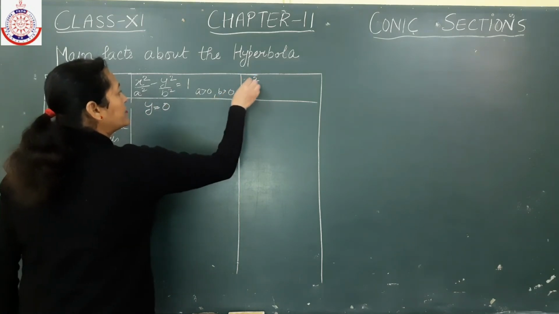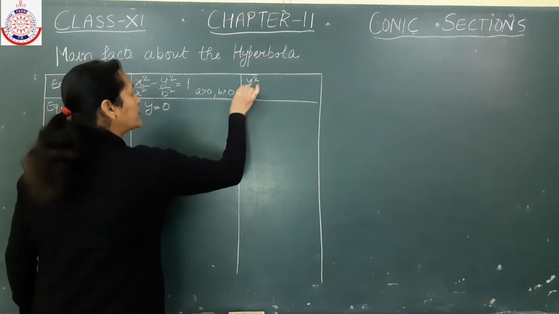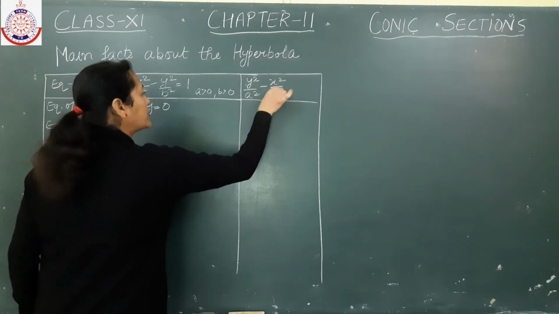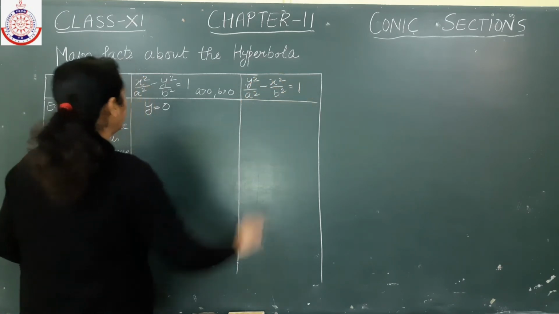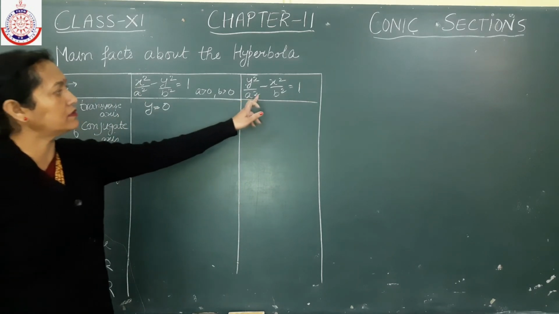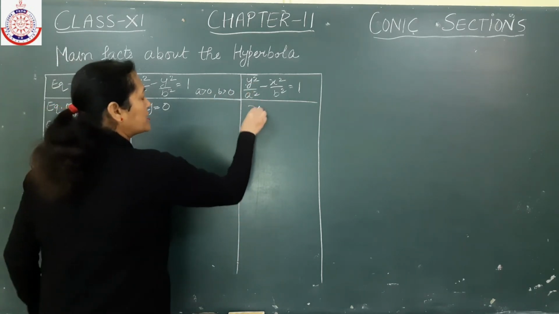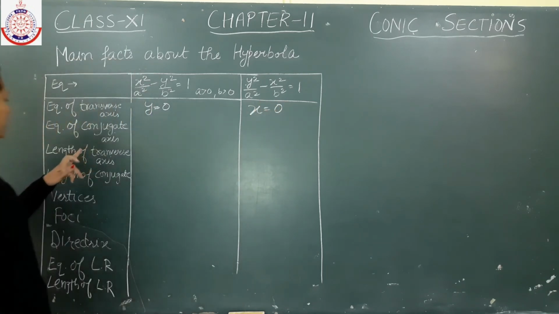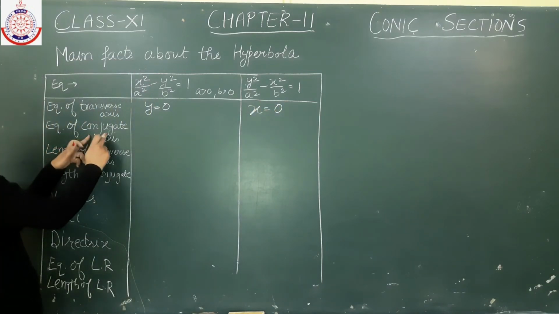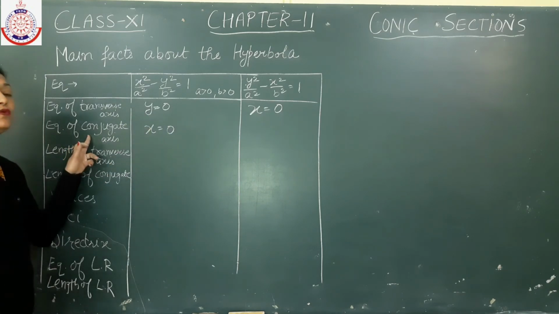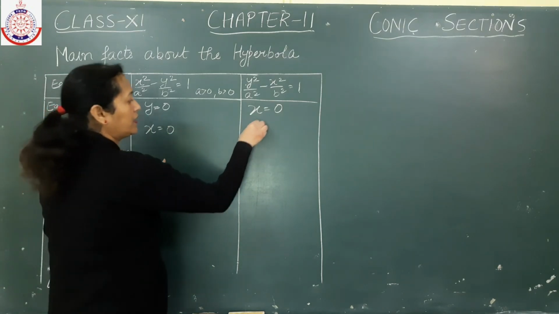And in case we have equation y square upon a square minus x square upon b square is equal to 1, here transverse axis is along y-axis, so x will remain 0, and equation of conjugate axis will be x is equal to 0, and here it will be y is equal to 0.